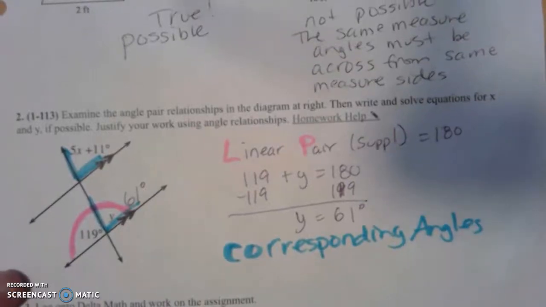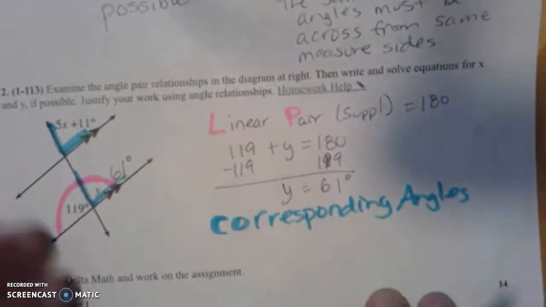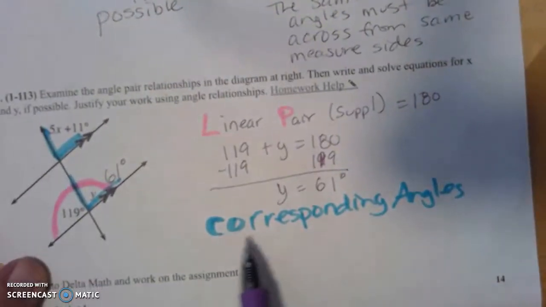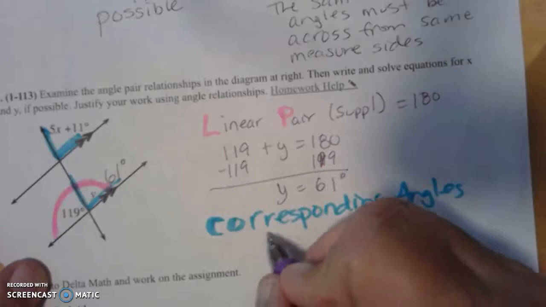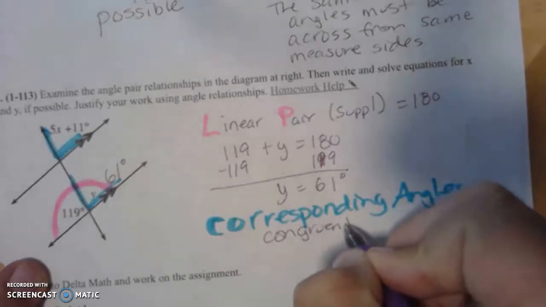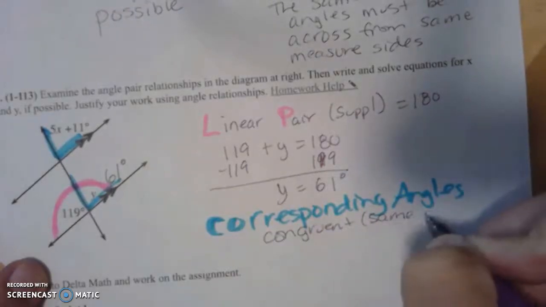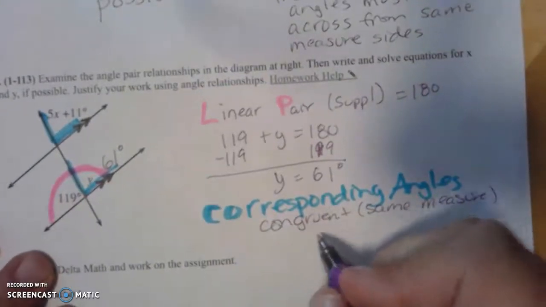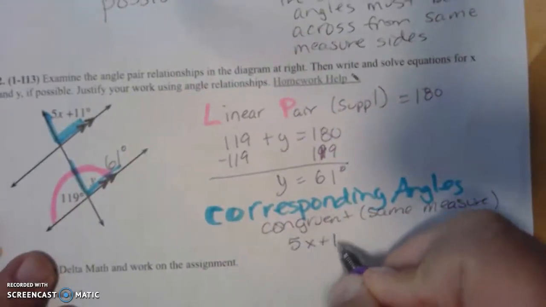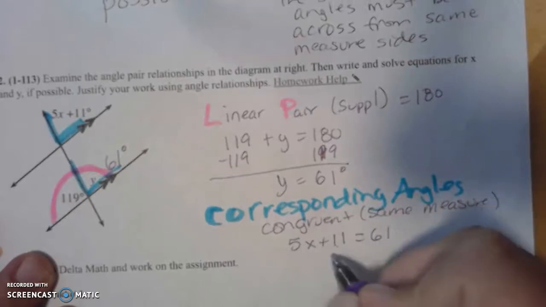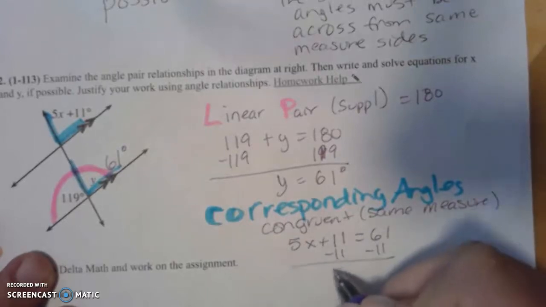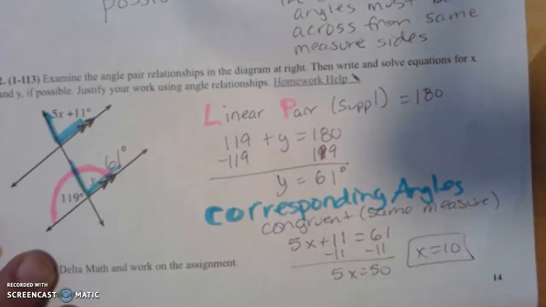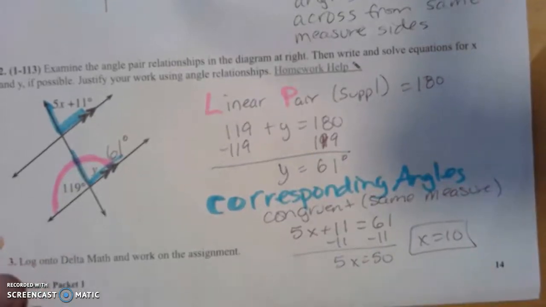Okay, so corresponding angles, what do we know about them? If we look at our notes, you should be thinking, oh, corresponding angles, those are congruent. And congruent means that they are the same measure, same size, same shape. So I know that this 5x plus 11 should equal 61. So let's subtract, and we get 5x equals 50, or x equals 10. All right, I just solved for that. So that's the reasoning behind that.